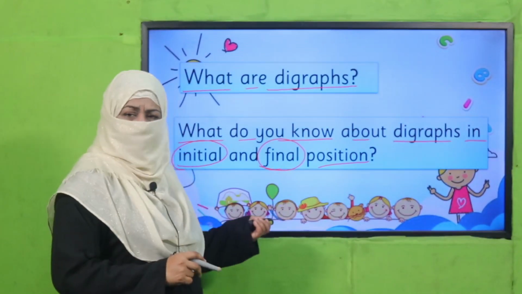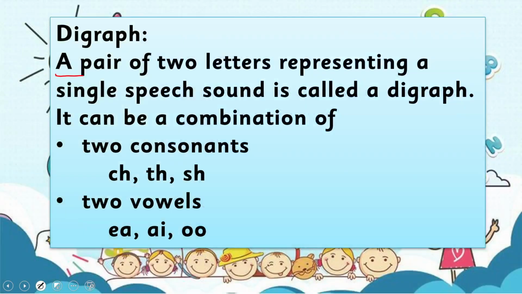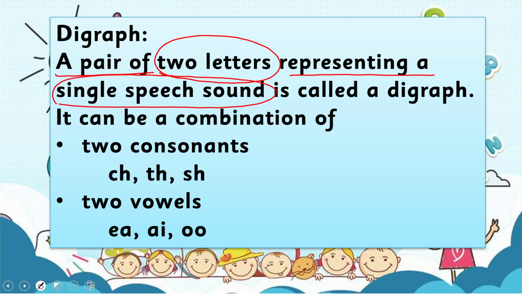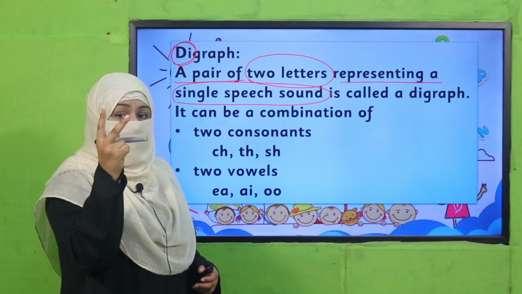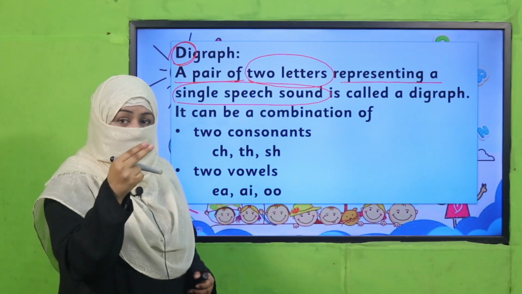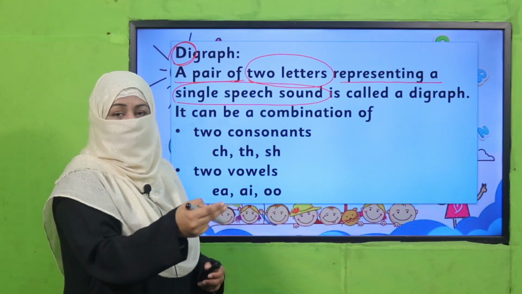Yes, my dear students, what are digraphs? A pair of two letters representing a single speech sound. So, beta, di means two. Digraph means two letters joined together to make one sound. What happens?